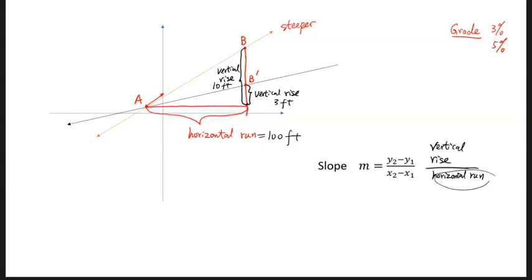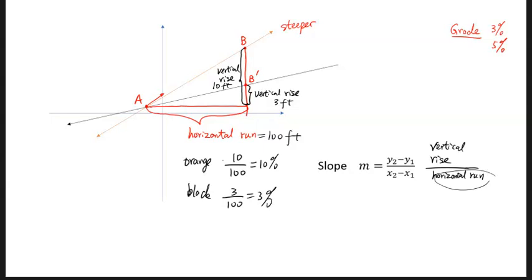So as you can see, if we define the slope as the vertical rise over the horizontal run, for the orange line we have the slope 10 foot rise over 100 foot run, but for the black line we only have 3 divided by 100. If we convert to percent, this is exactly 10%, this is 3%.